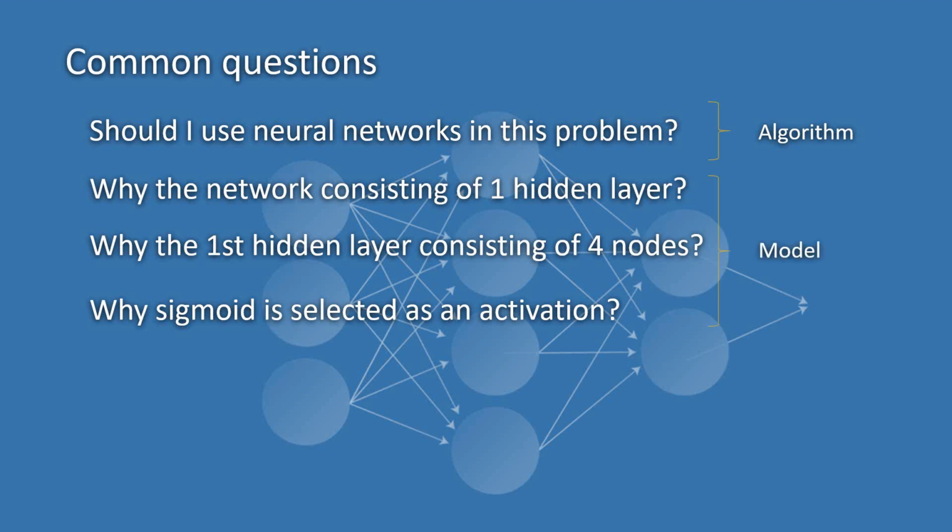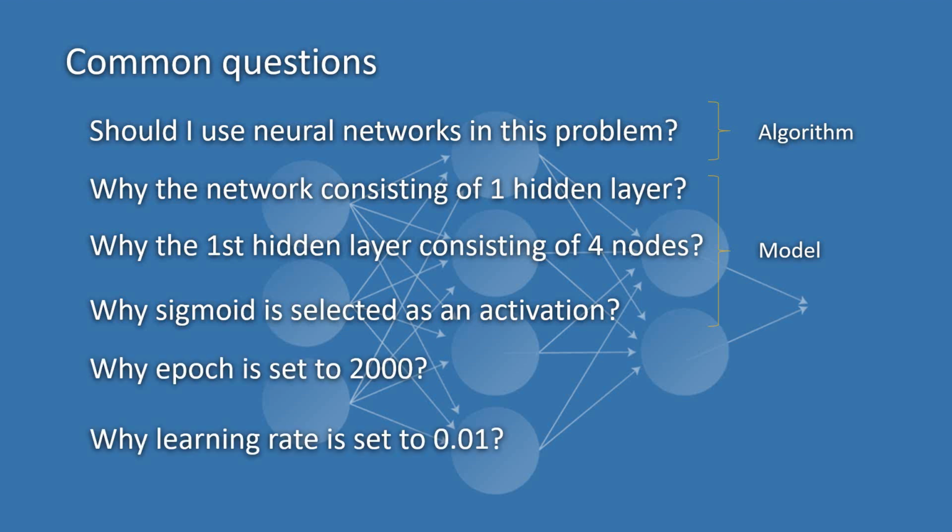These are model based questions. Or you can ask about hyperparameters, for example, why the epoch value is 2000, or why the learning rate is set to 0.01. These are hyperparameter based questions.